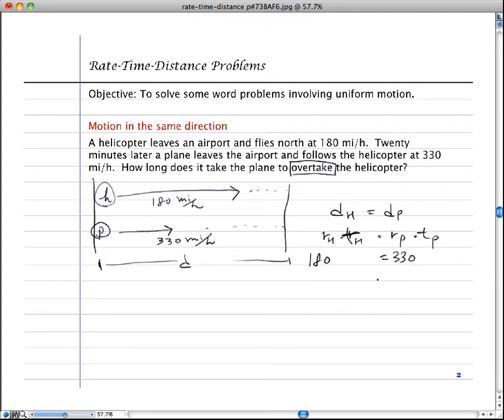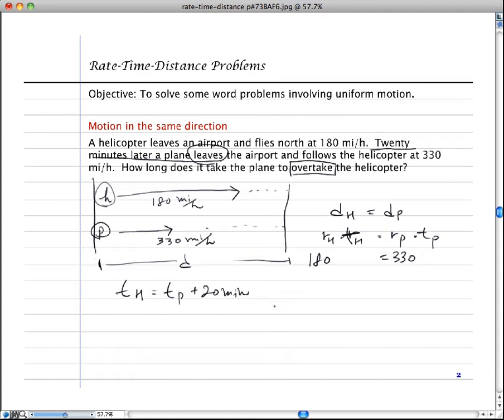Do we know what the time is? Let's look around, here it goes. 20 minutes later, the plane leaves as well. What that means is that the helicopter was traveling for a longer period of time. So the time of the helicopter is equal to the time of the plane plus the 20 minutes.